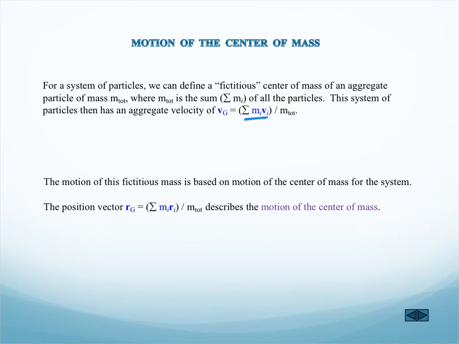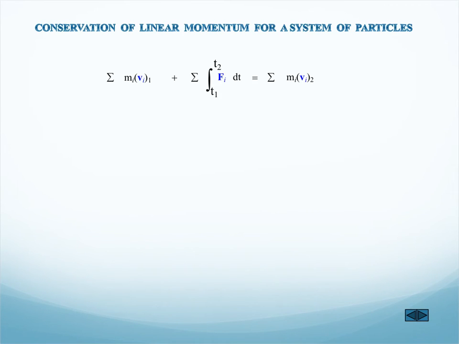Likewise, we can have the position of the center of mass. But what we want to do next, to finish up, is use this impulse-momentum relationship for a system of particles to get the result of the conservation of momentum.